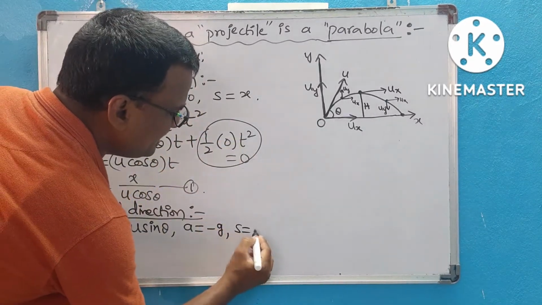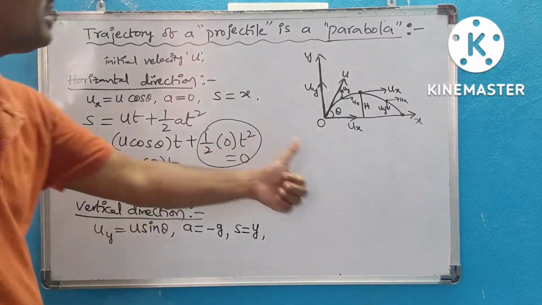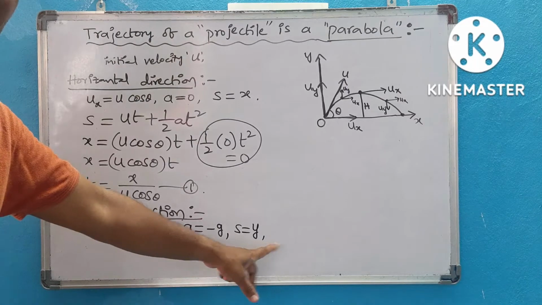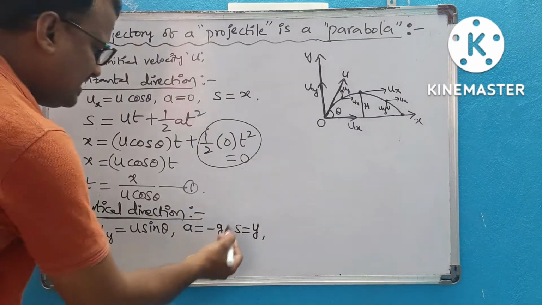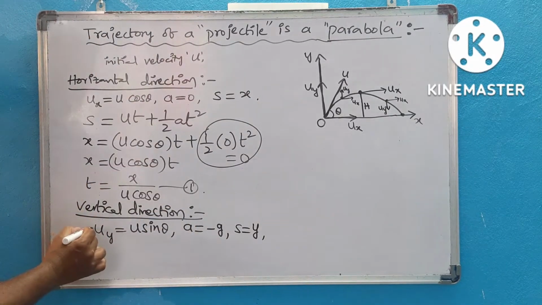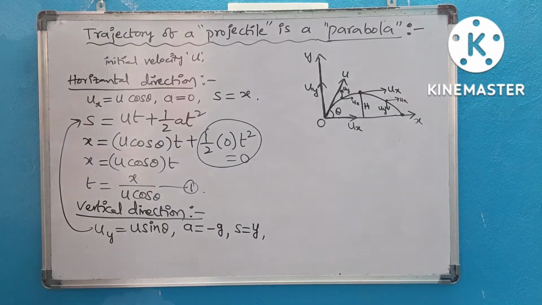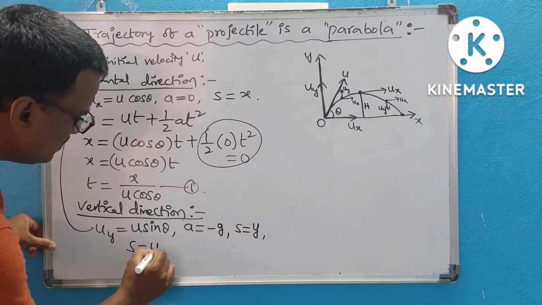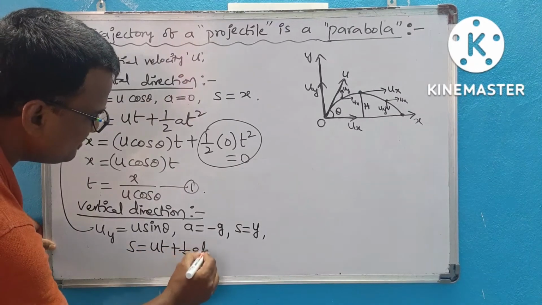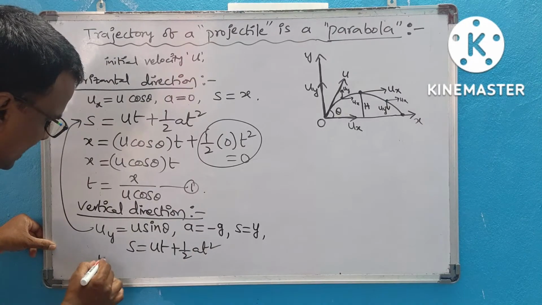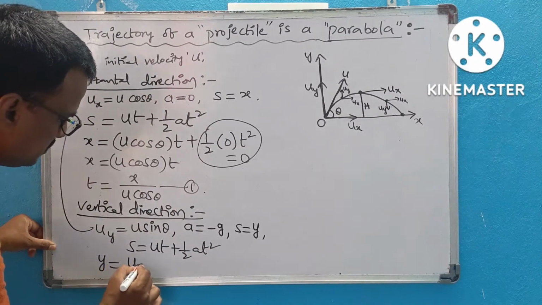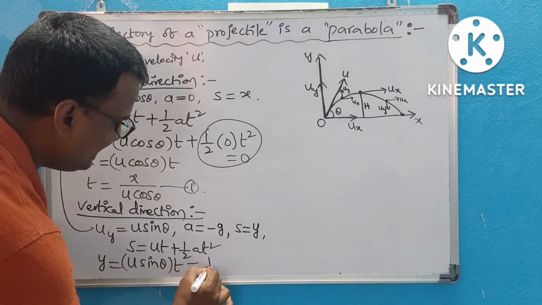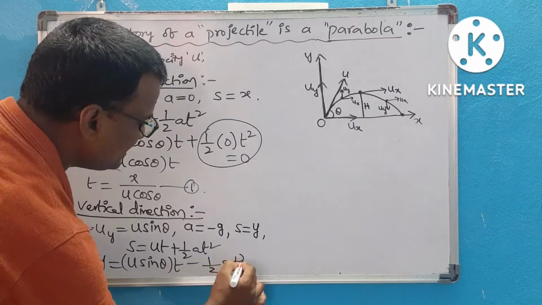And s can be taken as y. For the vertical direction, s means displacement, and the displacement can be taken as y. So all these values are again substituted in s equal to ut plus half at square. So we get y equal to u sin theta into t minus half g t square.